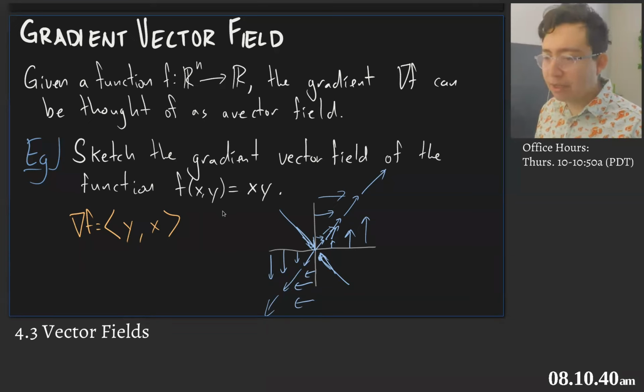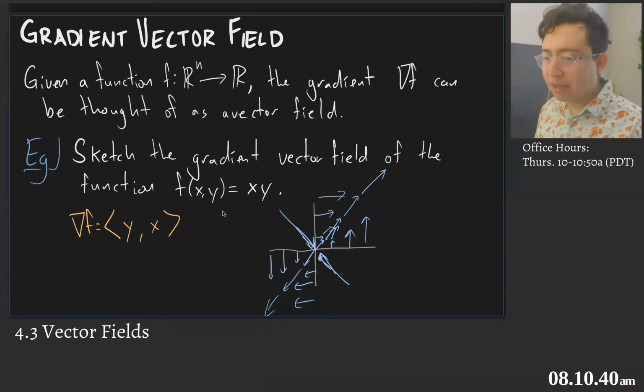This is kind of plotting the slopes of this graph. So along this axis, this function is kind of decreasing down, and along this axis, you get something that's increasing up. It's kind of hard to see that.